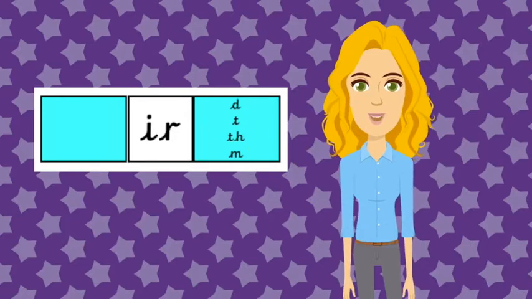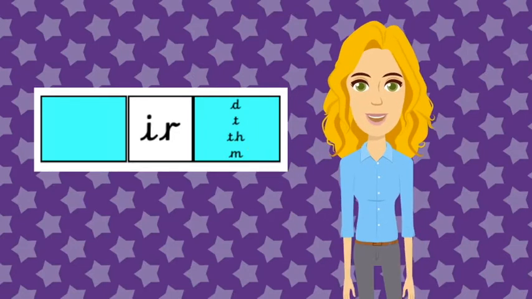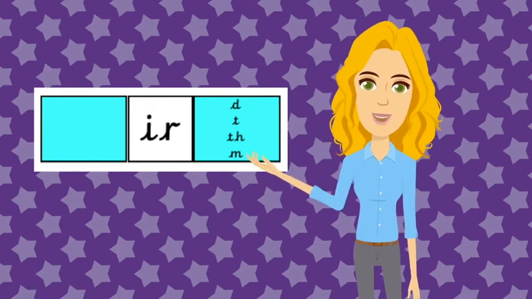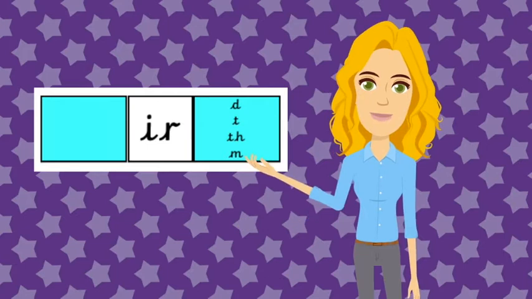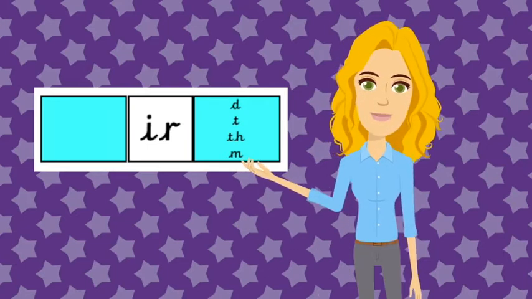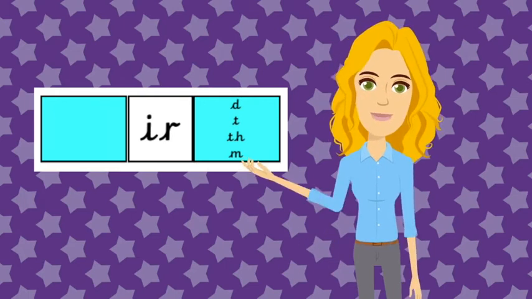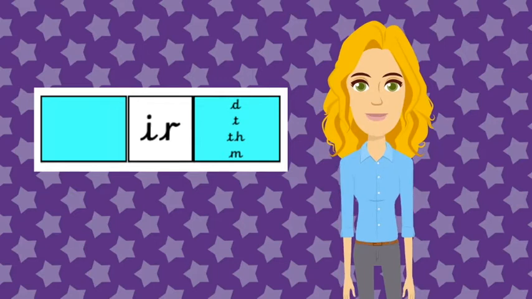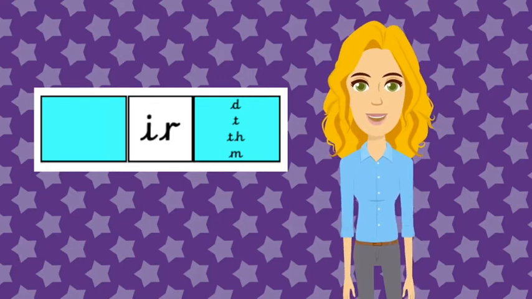The final alternative spelling uses an I and an R to make the sound. This is a less common spelling of the sound or phoneme in the middle of words, and a good way to remember it is that if you hear a d, t or th after the sound, the best choice for spelling is to use the IR rather than the UR.